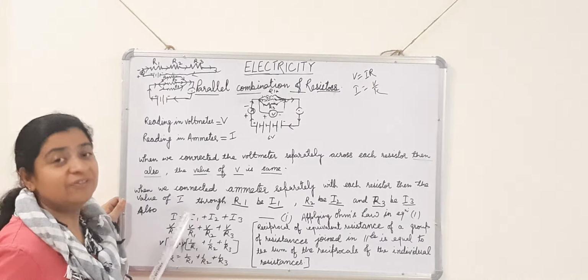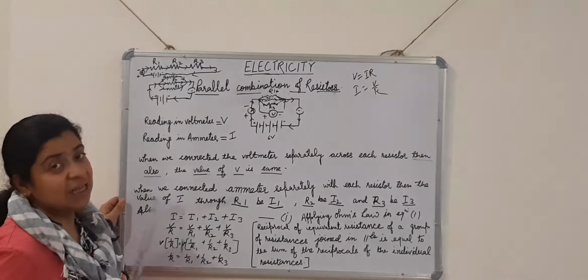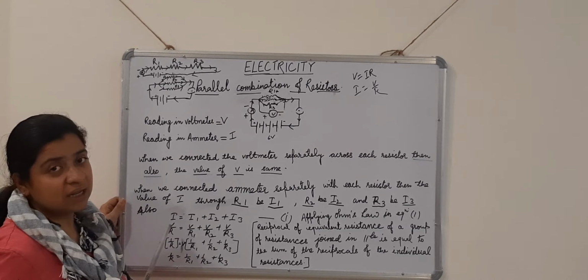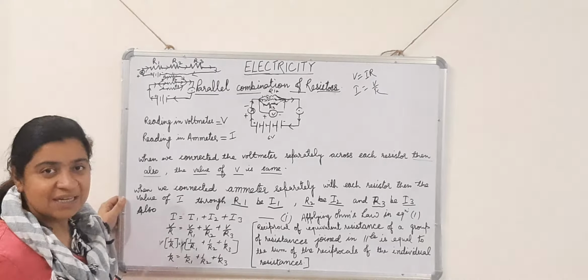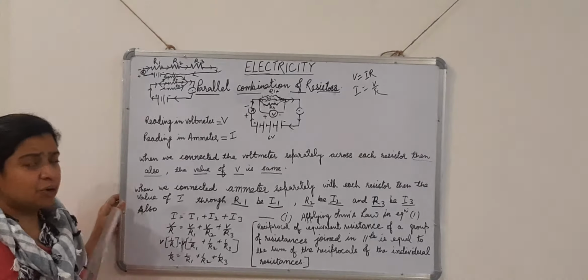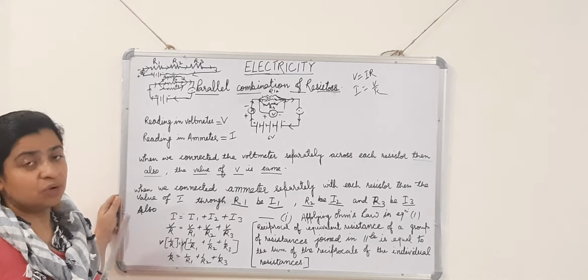It is not the same. We need different amounts of current to run the different appliances. That is why our household circuit is in parallel combination, not in series. Next topic, we'll discuss the advantages of parallel combination over series.